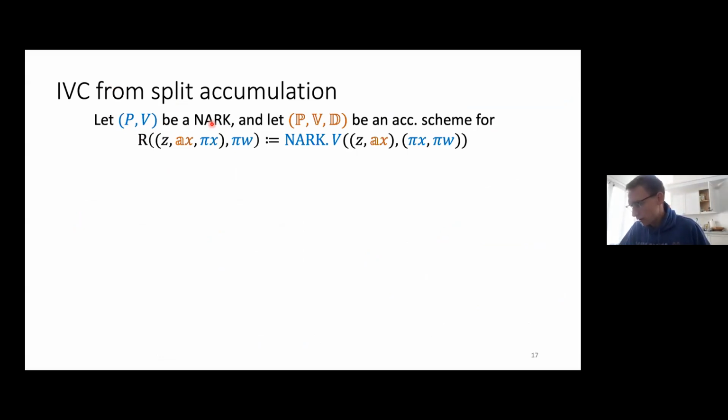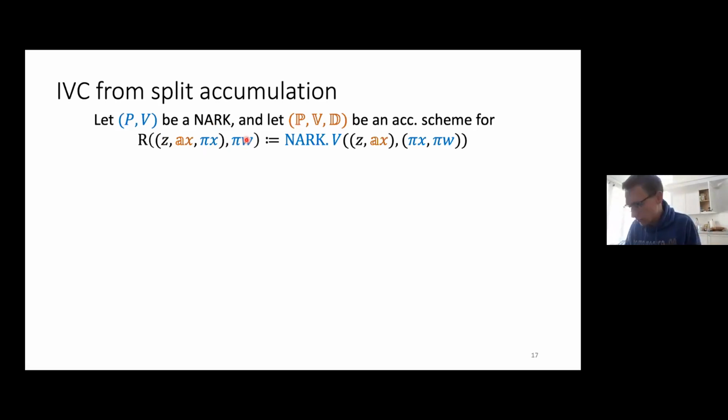And then we have our split accumulation scheme. And for what relation in particular? Well, the relation says that we take as input some public input for the NARC, the accumulation instance, and also the proof instance and the proof witness. So we take the NARC proof, and this proof may be long.